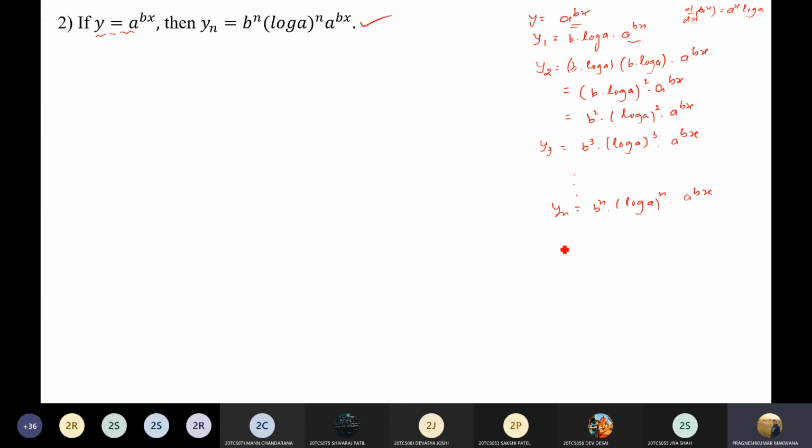So here see a simple example. y is equal to 2 raised to 5x plus 3, then find y5.